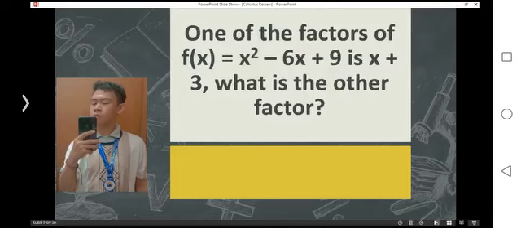Using synthetic division, we will come up with the correct answer x minus 3. By the way, your linear function there is x minus 3. So that's not x plus 3, but that is x minus 3. So x minus 3 times x minus 3 is x squared minus 6x plus 9.